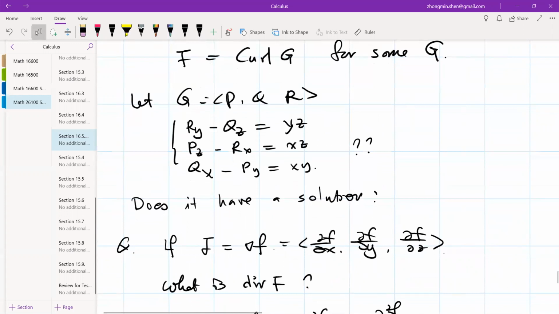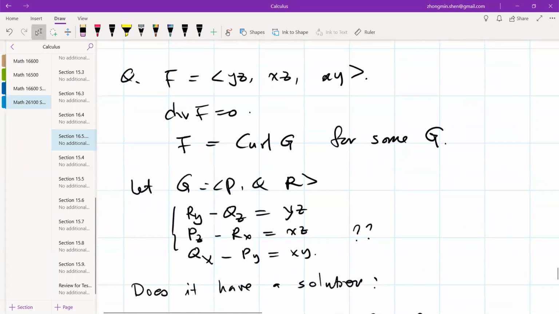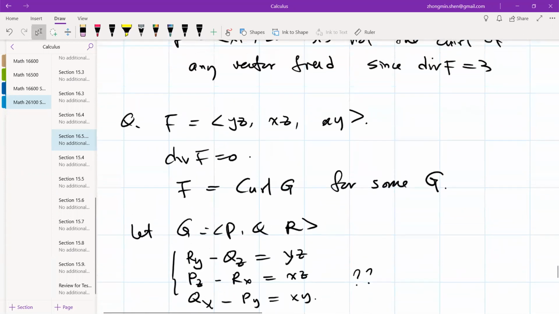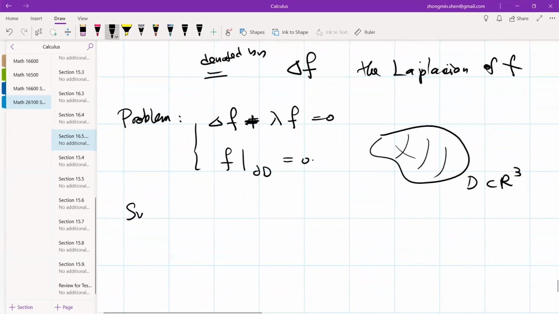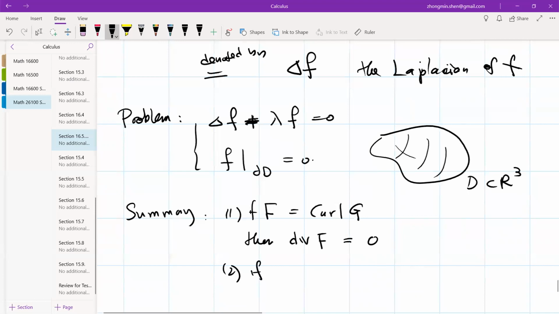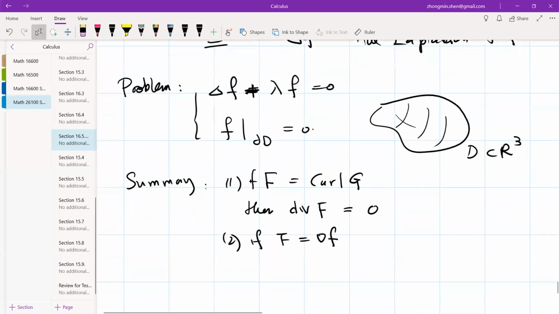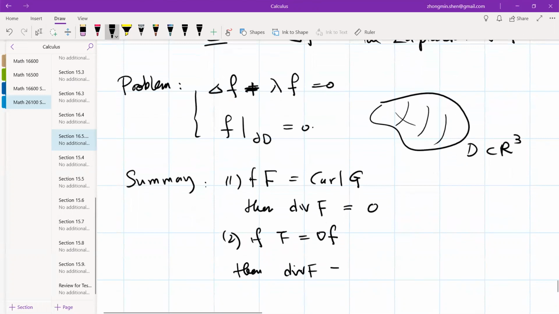And second, if f is the gradient of a little f, then the divergence of f is the Laplacian of f. It's not necessarily 0 in general.